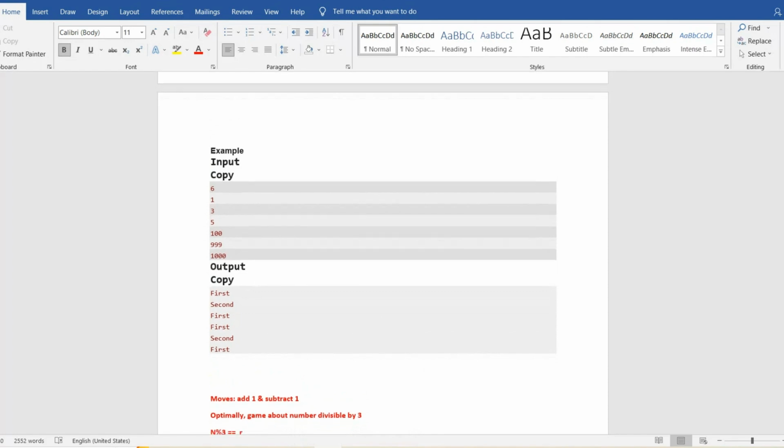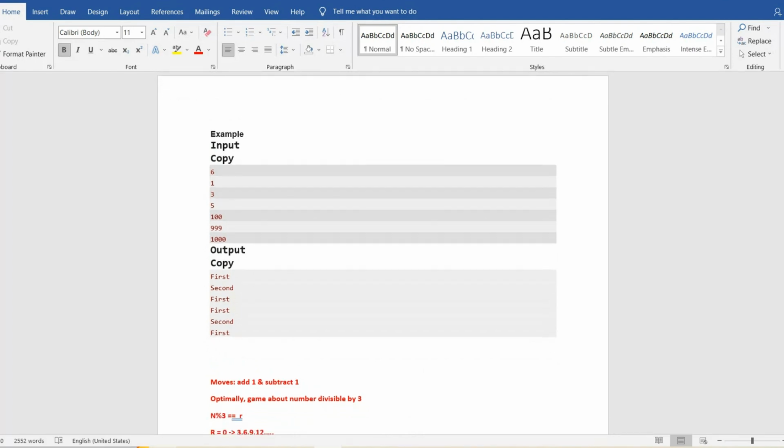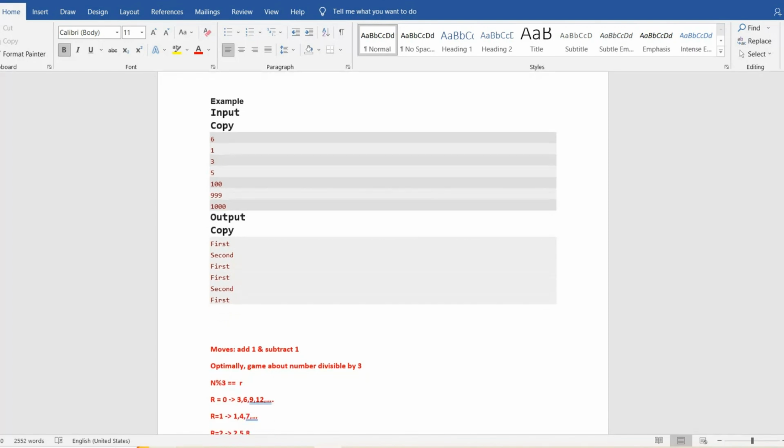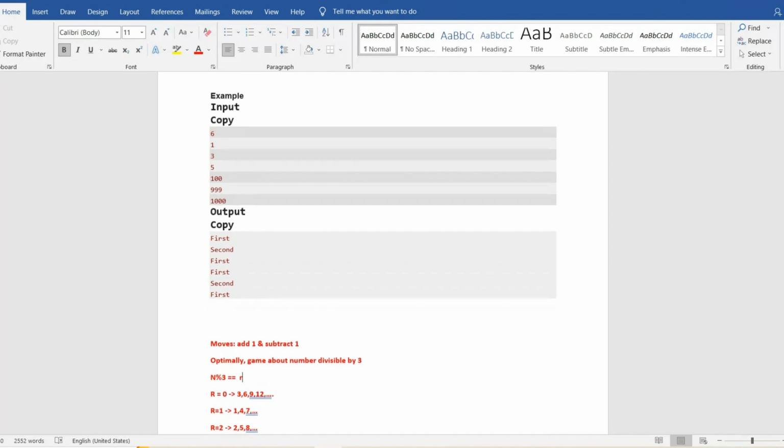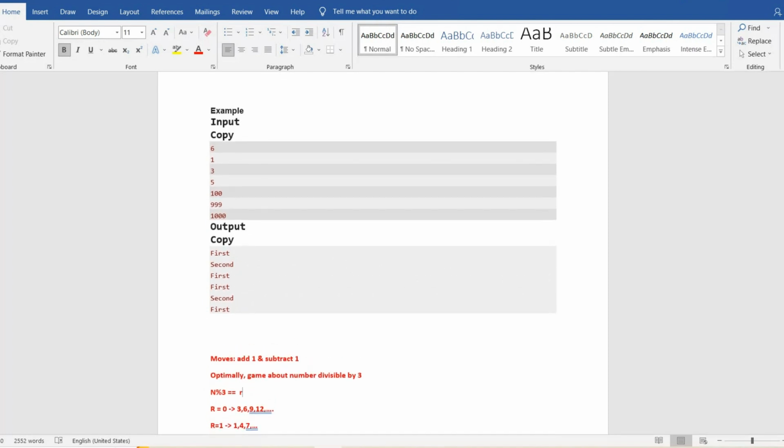There is an optimal game in which we want to be divisible by 3. So for divisible by 3, what can we check? We can check the modulo. Basically when the number is divided by 3, what do we get in the modulus? In the modulus we get 0. Okay, so at what point of time do we get the 0? For getting the 0, it is divisible by 3, मतलब it is a multiple of 3. So 3, 6, 9, 12. Okay, next, if r is 1, what are the chances that modulo is 1?